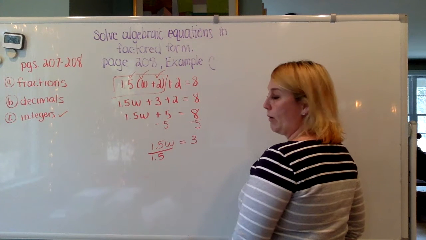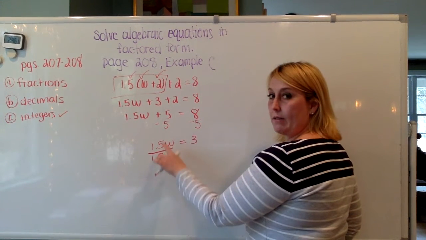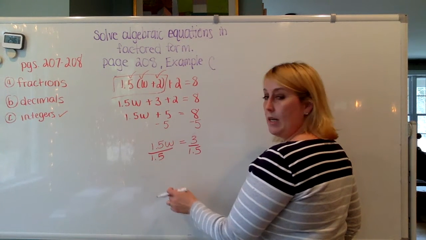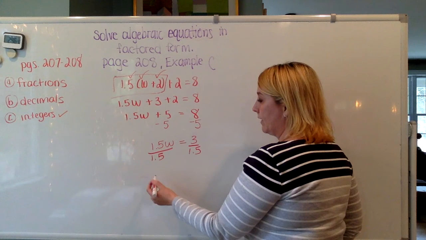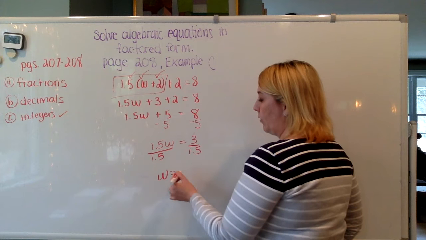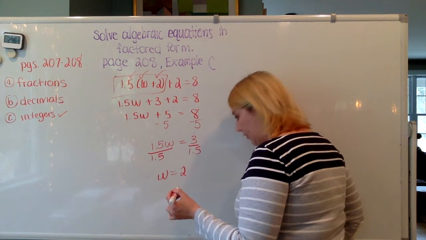I need to divide by 1.5 because I'm trying to get this equal to 1. But if I divide by 1.5 on the left side, I need to do it on the right side. So w equals, well, what's 3 divided by 1.5? Positive divided by positive is positive 2.